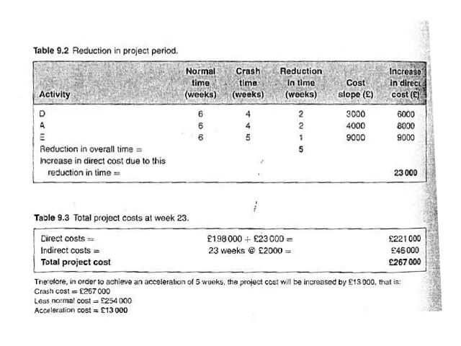Okay, here we go. So your scenario, what I've basically sketched, is we're going to look at items D, A, and E. Normal time is 6 weeks. Our crash times are 4 weeks and 5 weeks. But the reduction in time that we need is 2 weeks, 2 weeks, 1 week, like I highlighted in the previous one. So the cost slope is 3,000, 4,000, and 9,000.